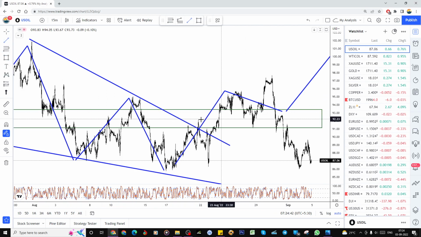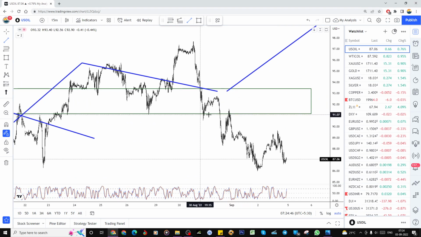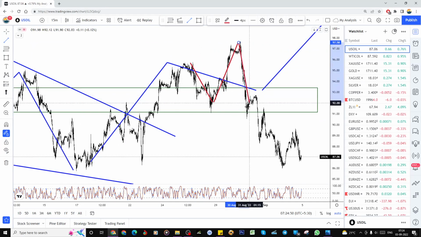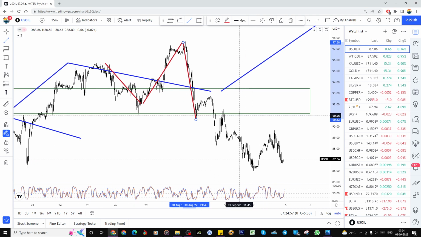I think so. I took a trade on the buy, and later onwards here also I took the buy, because I'm expecting this as an irregular flat. So that is why I bought at 90.8, and it triggered. I didn't buy immediately in the market, but I placed the order at 90.8.